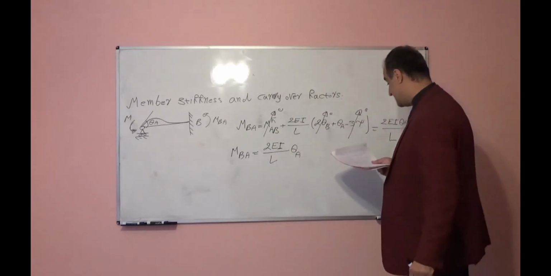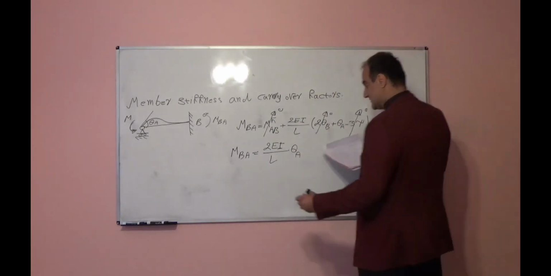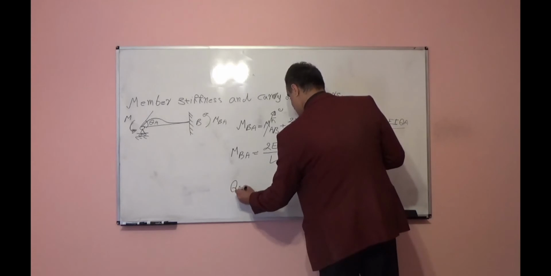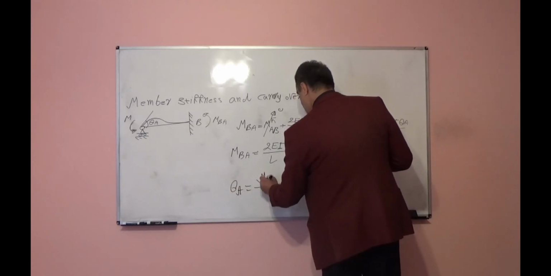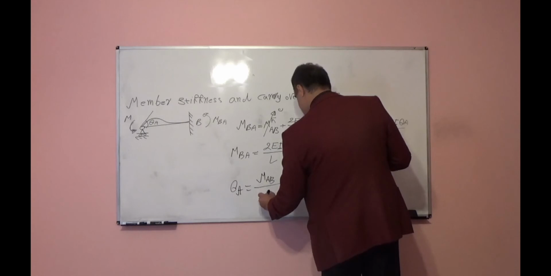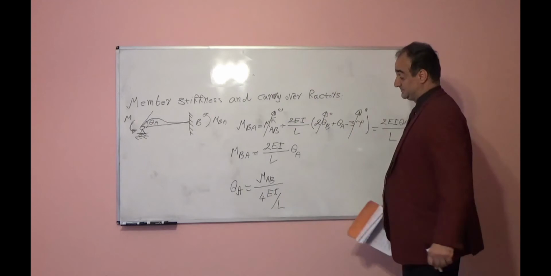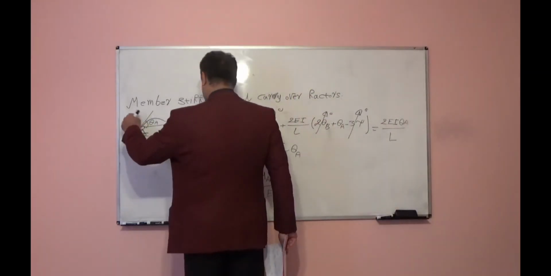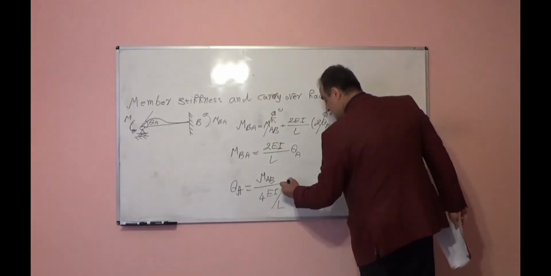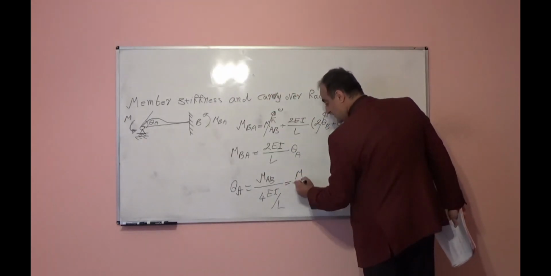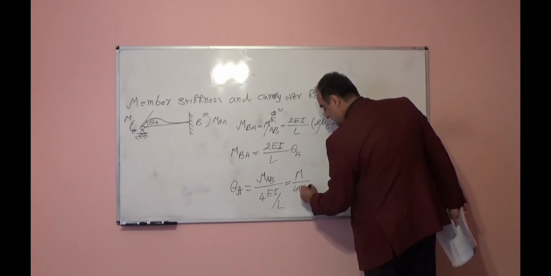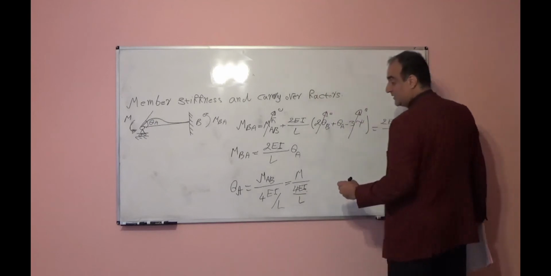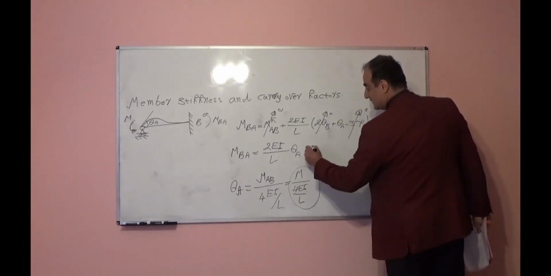What was theta A? Theta A was equal to MAB over 4 EI over L. I found that. If I apply a moment M at point A, MAB will be equal to M, and theta A will be M divided by 4 EI over L. I can plug this here.